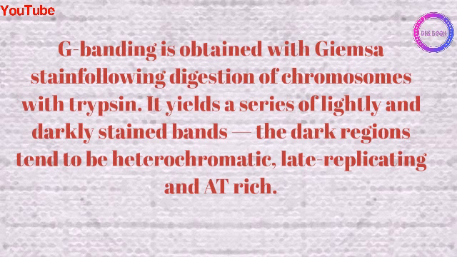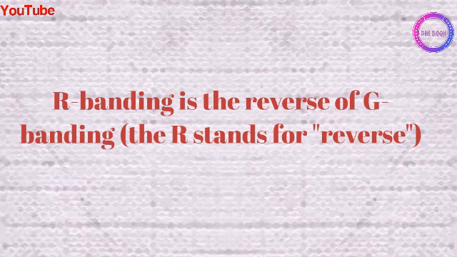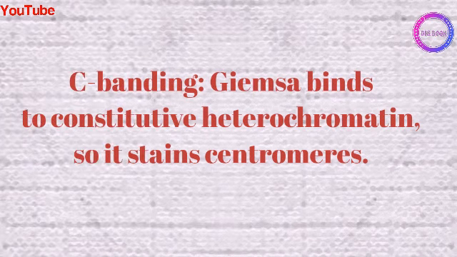AT rich regions. And further, the next is the R banding, which is the reverse of the Giemsa banding. That is, whichever dark bands have formed in the Giemsa staining technique, there the bands are going to become lighter, and wherever the AT regions are present, those AT regions are going to become the dark bands. So this is how the reverse banding is formed. And further is the C banding. C banding is the centromeric banding.